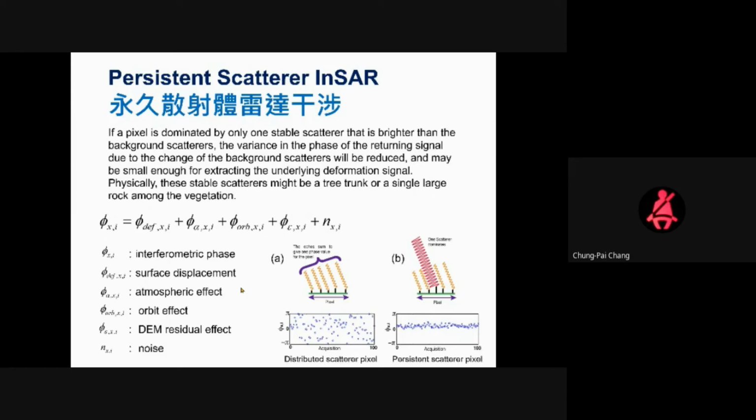We don't calculate it for all images together. We just calculate pixel by pixel, and then show the change along with time, to find the deformation one pixel by pixel.